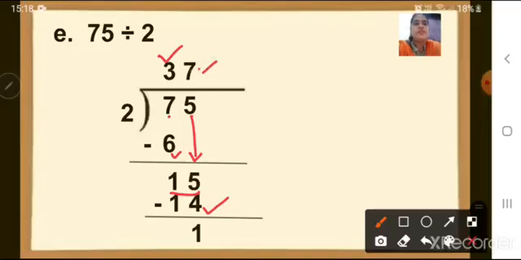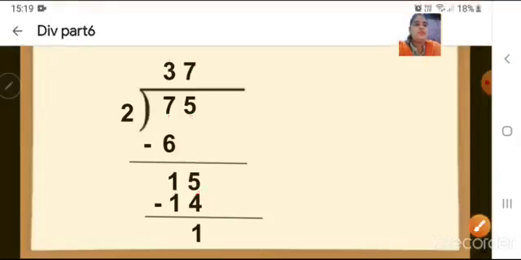So 7 you will write here up and 14 you will write here down. Then we have to subtract. 15 minus 14 is equal to 1. So number 1 is our remainder and number 37 is our quotient. Note down properly.